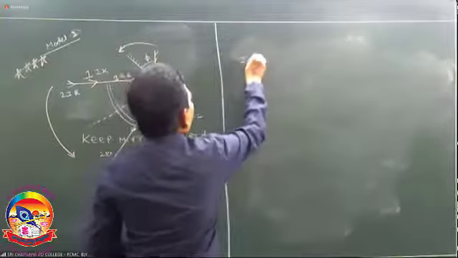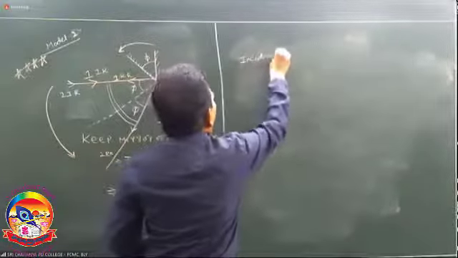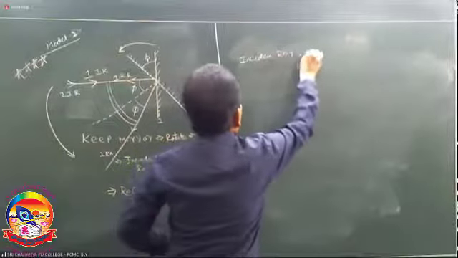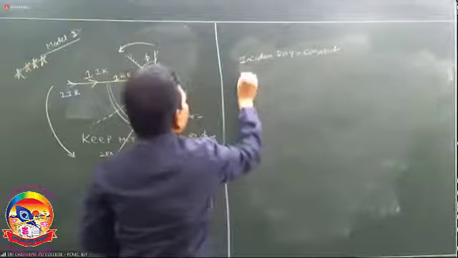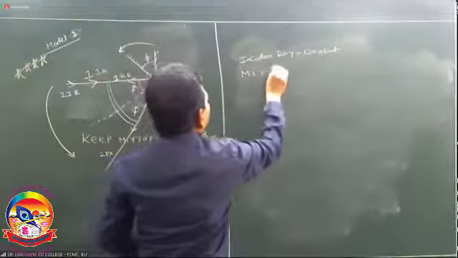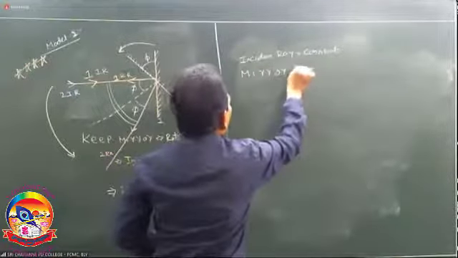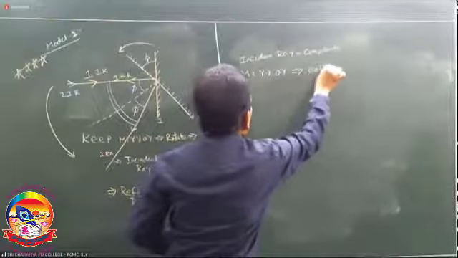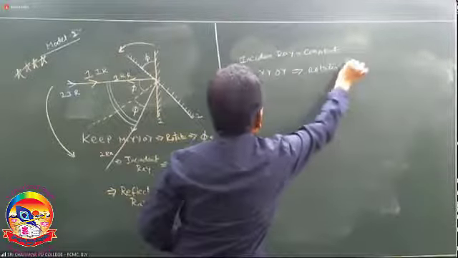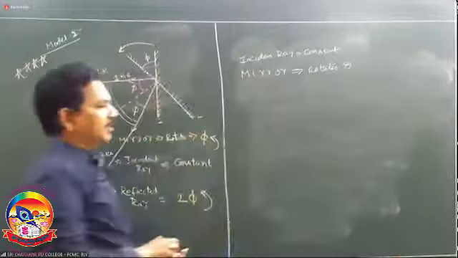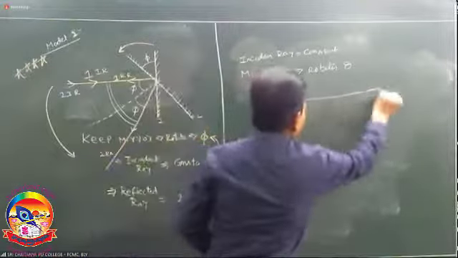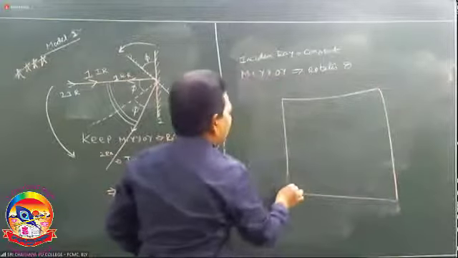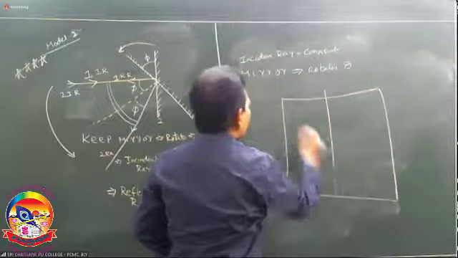Incident ray constant. Mirror rotates by theta. Then we can write a table. You can verify in the textbook.